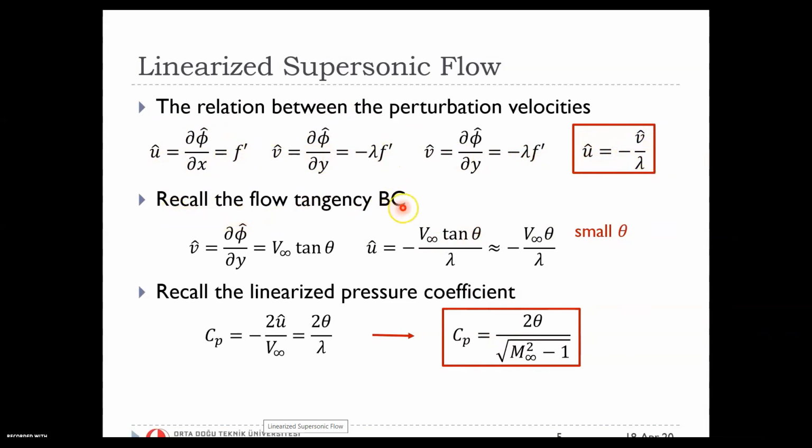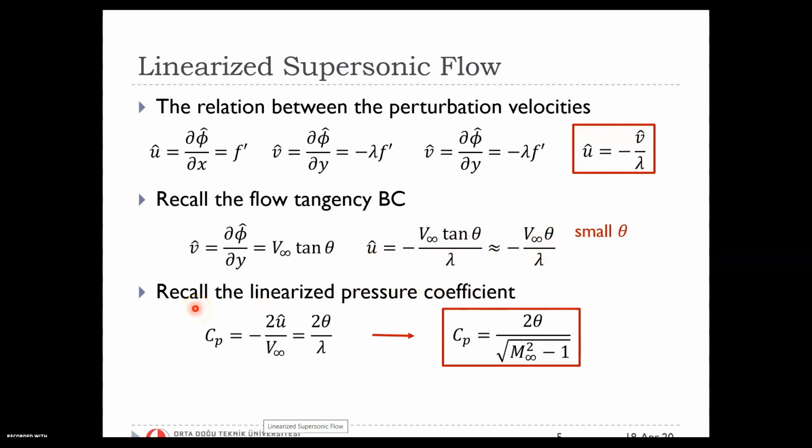Then you may recall the flow tangency boundary condition from the previous chapter: along the wall you need v hat to be equal to U infinity times tangent theta, where theta is the flow deviation angle. Instead of v hat you can insert minus u hat times lambda, and then assuming theta is small, you end up with a relation between u hat and theta as shown here.